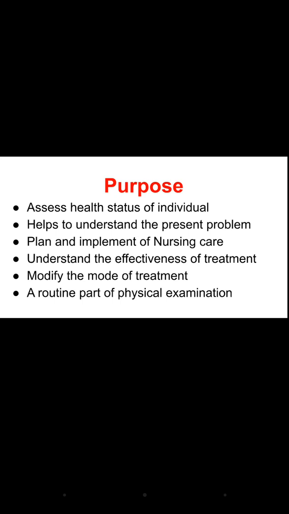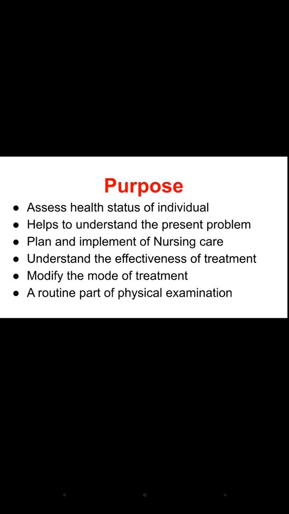For example, if the person's respiratory rate is increased to more than 24 breaths per minute for an adult, we can easily identify the person is having breathing difficulty. Now the nurse's role is to plan nursing care for this patient so that the respiratory rate can come to normal. In this way, the assessment of the vital signs helps us to plan the nursing care and then implement it.